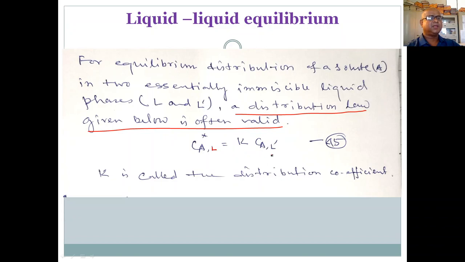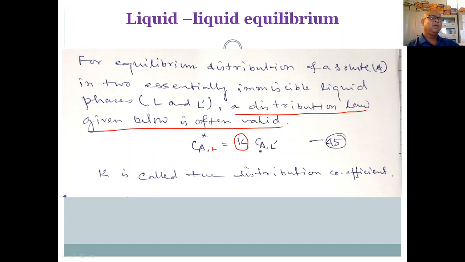L and L dash are immiscible, and K is called the distribution coefficient. If the distribution coefficient is low, then this concentration will be higher than this, both being in liquid.